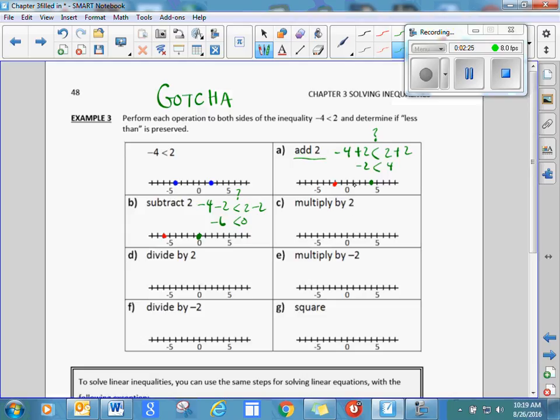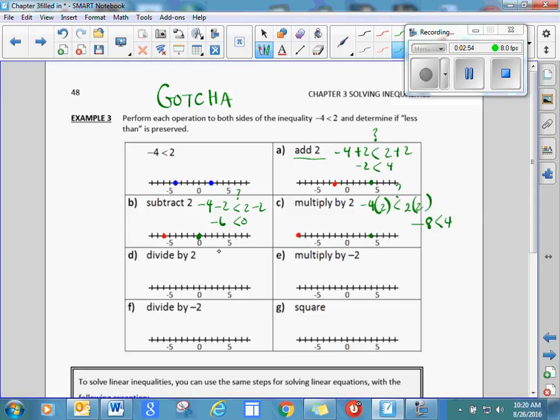Let's multiply by a positive number. We started with -4, multiply that by 2. Is that still less than 2 times 2? And -8 is indeed less than +4. So it looks like all of these cases are working for us. There's +4, there's -8. So this all was working. So let's try dividing by 2.